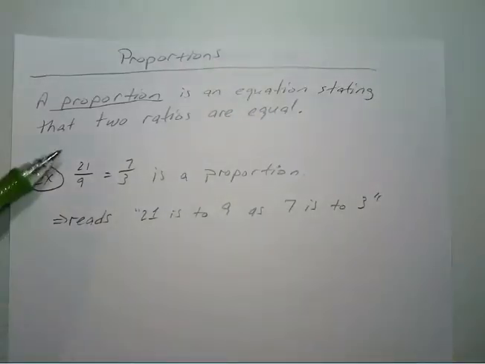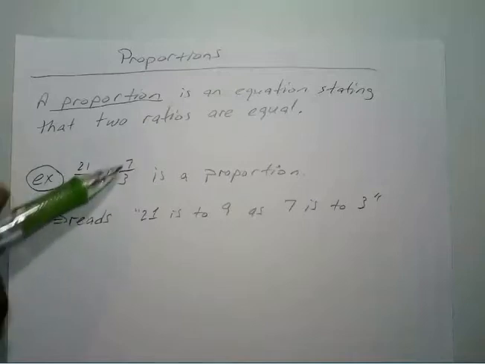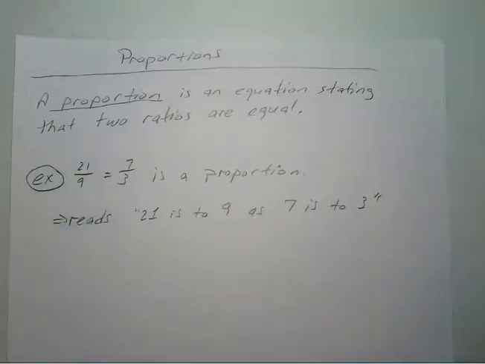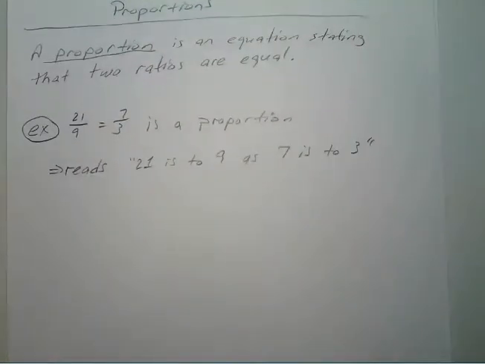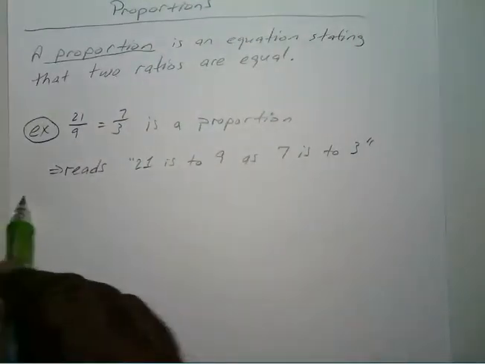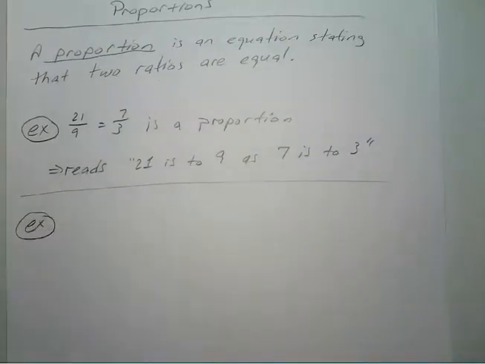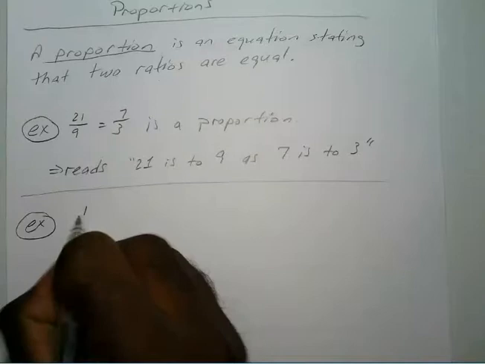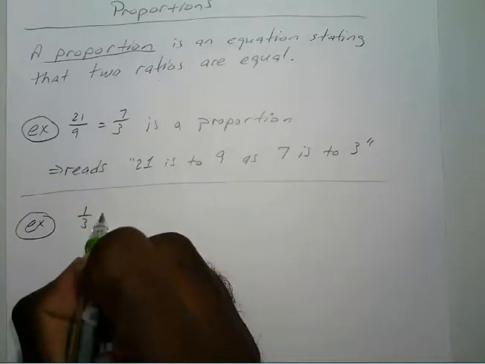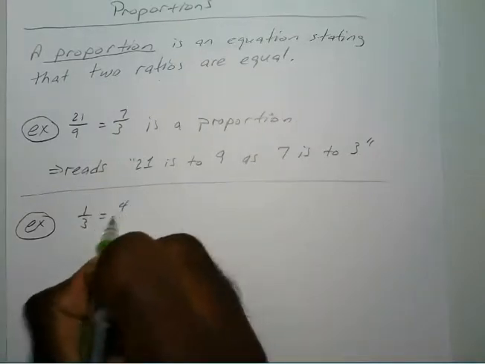Okay, so 21 is to 9 as 7 is to 3. All right, so let's say we do another example of how to read a proportion. Let's say you have 1/3, or 1 to 3 and 4 to 12.